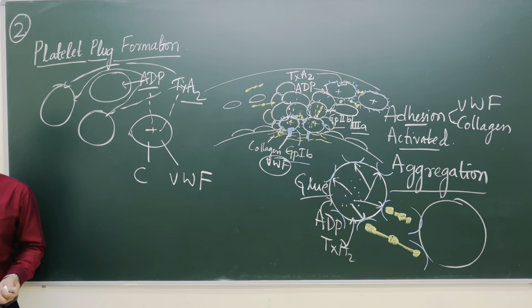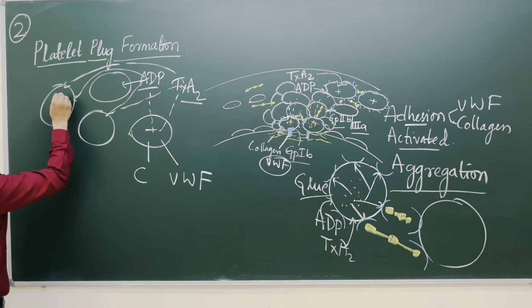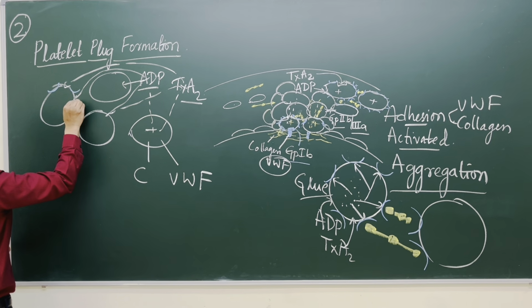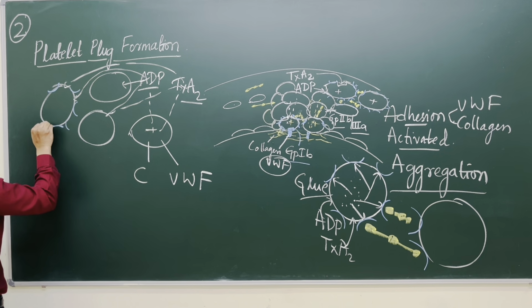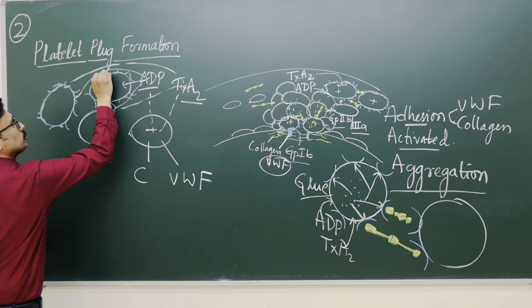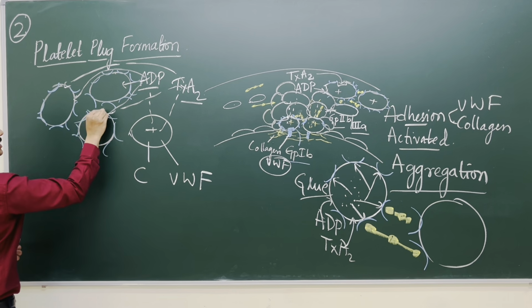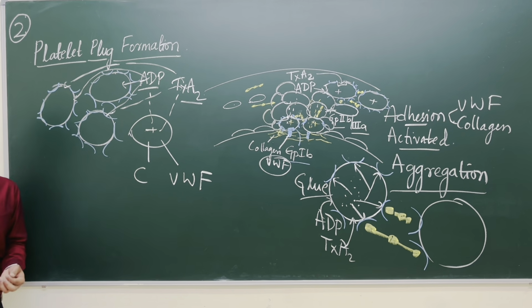What does this mean? Activation means either they release their contents, or the membrane glycoprotein which was in inactive state gets activated. So activation of glycoprotein 2b3a. When this glycoprotein 2b3a is activated, it can now bind to the fibrinogen.